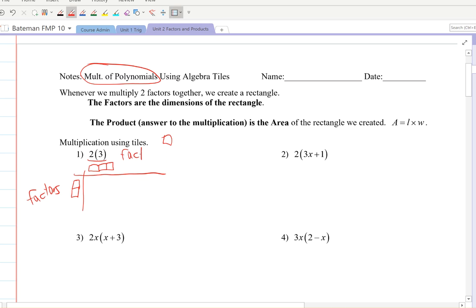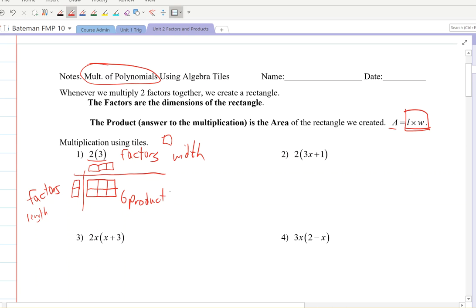They are kind of like the dimensions of the rectangle, and we are going to find the area of the rectangle, which is length times width. So this is our length, and this could be our width, whatever you want, it doesn't matter. Cool. So then on the inside, we retrace the length and the width, and we get 6. That is the area, and that is the product.